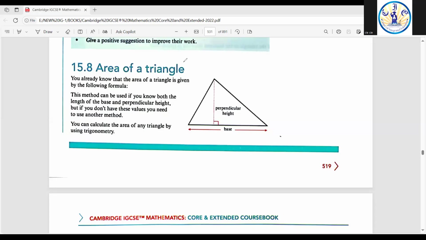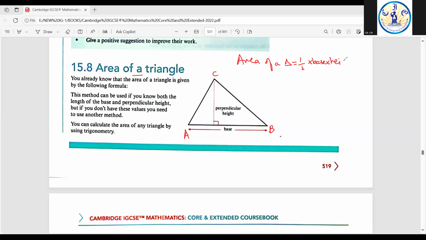Area of a triangle. We are familiar with this basic formula of the area of a triangle, that is half times base times height.